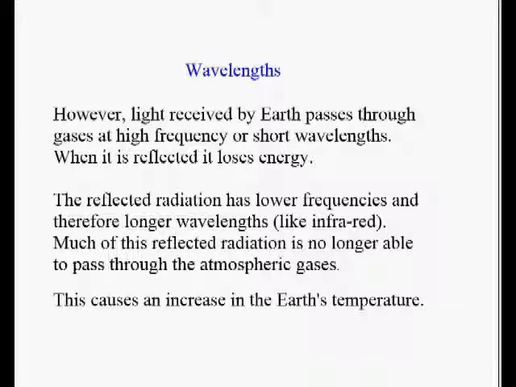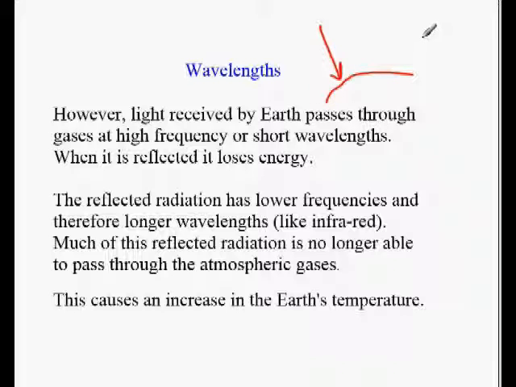However, what happens is that when light is received by the Earth and it bounces back, it loses energy. And so when it bounces back, it actually has a different wavelength than it did when it came in. So let's just draw this so you understand what I'm talking about. Let's suppose that energy comes into the Earth like so, right?